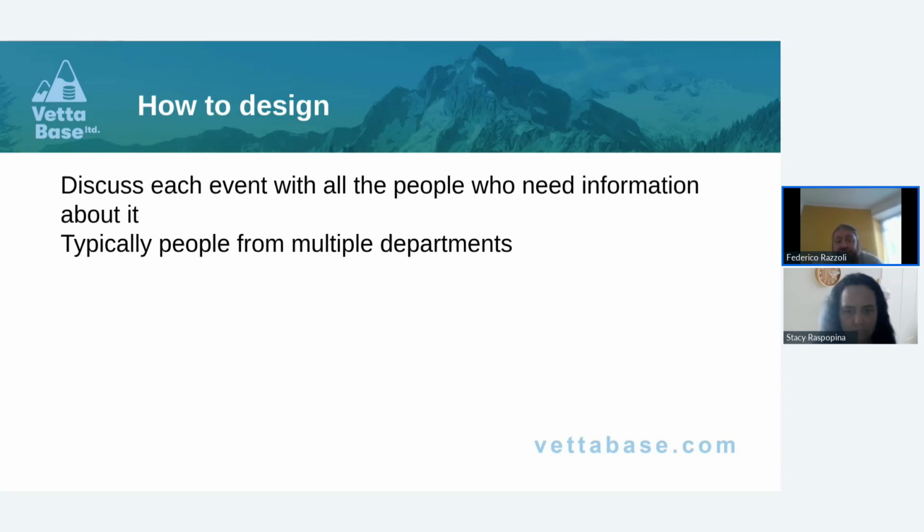Then you should discuss every event with all the people who need information about it. And typically, this means that for each event, you will discuss with people from multiple departments or multiple teams. So gather them in a room, sit with them, and find out what exactly they need to know, again, which facts they need to see, and which dimensions they need to use to filter or aggregate data, and what grain they need for those dimensions.